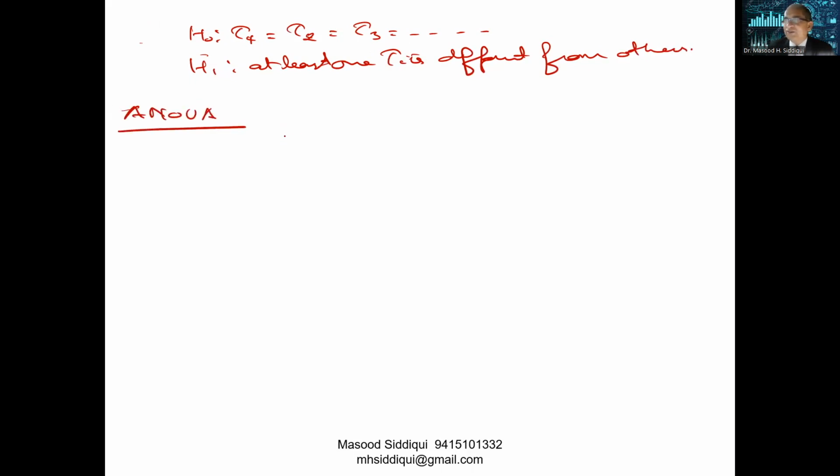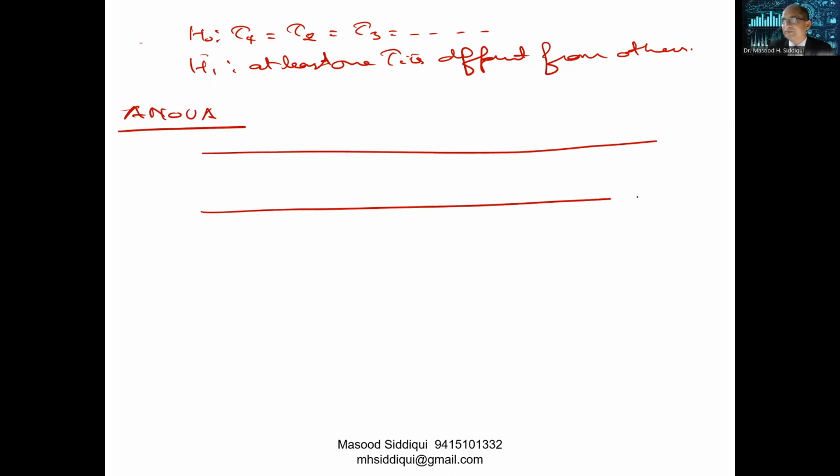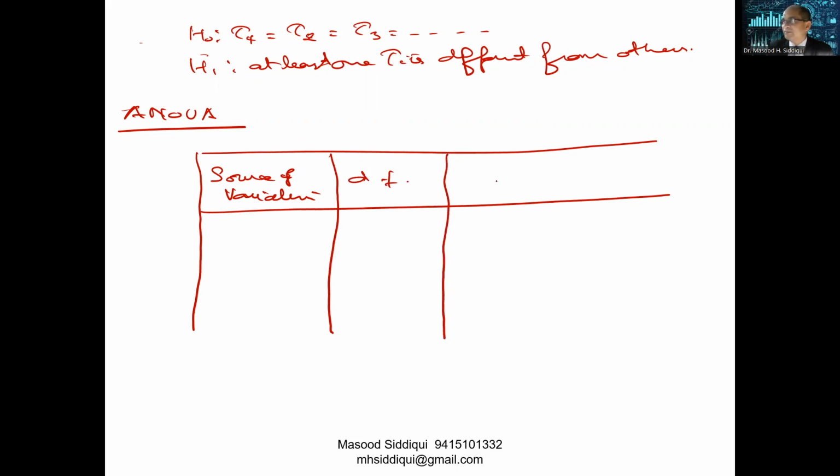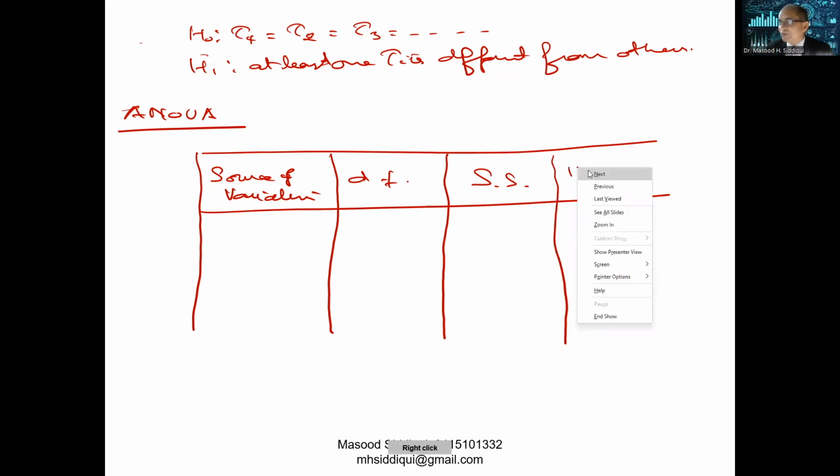So to run the one-way analysis, the first column is the source of variation. The next one is the degrees of freedom. The next column is the sum of squares. And then we have the mean sum of squares.